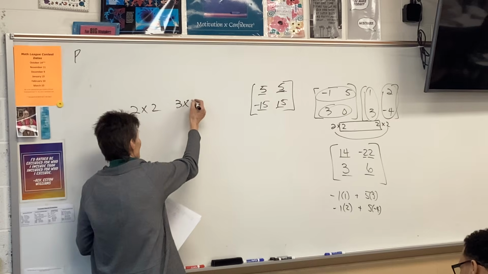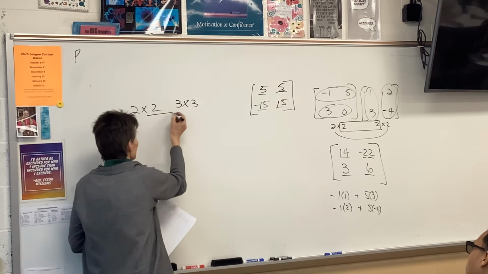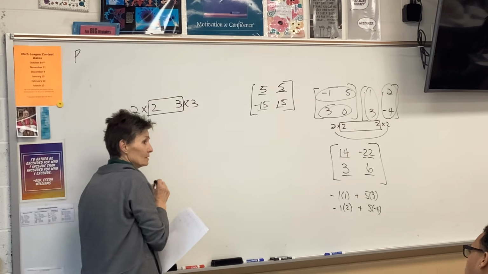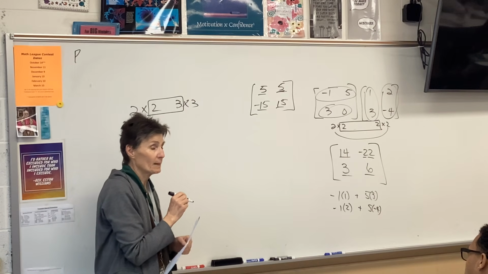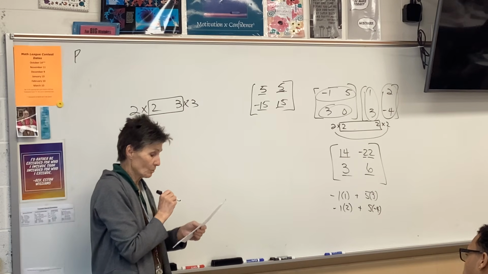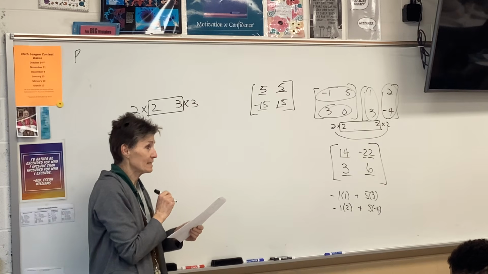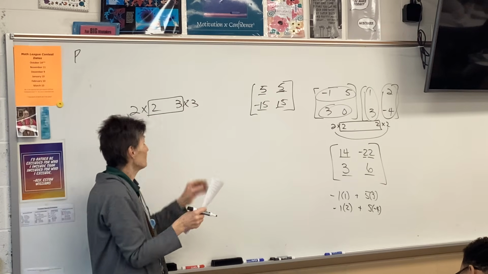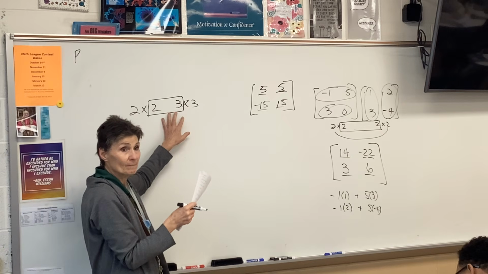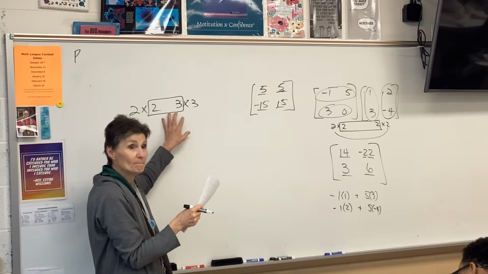Wait a minute, what's our rule for multiplying? These have to match. So guess what? Can't multiply. So problem C is no answer. Can't do it. Cannot do it. Because these don't match. We write that as the circle.